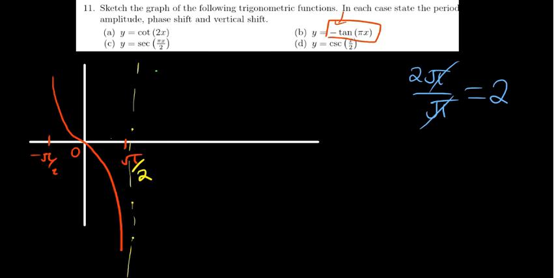Now that is in a normal way, where we just don't have that pi attached there. The fact that it is attached has an effect on the period. Instead of the period just being 2 pi, the period is going to be 2. So how are we going to take that?